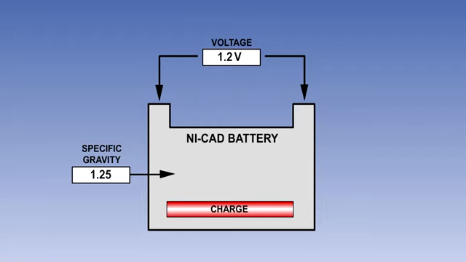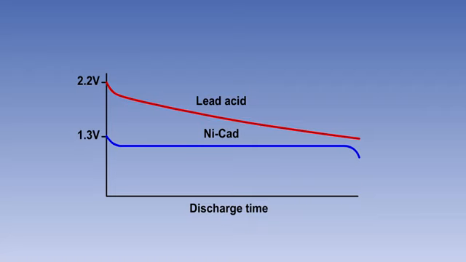Unlike the lead-acid battery, the voltage variation from fully charged to fully discharged is very slight. Here is a graphical representation of a comparison of a lead-acid battery against that of a NiCad battery during discharge. As you can see, the NiCad battery holds a much more constant voltage during the discharge cycle.